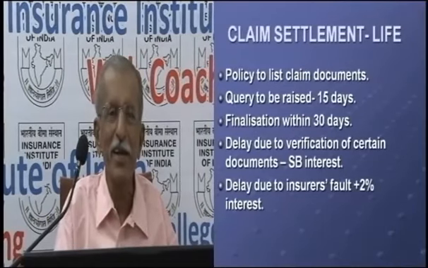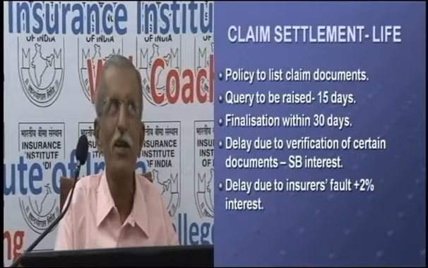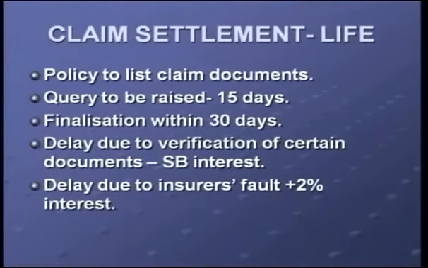Now claim settlement. In life, as we saw, the policy lists the documents required, and after submission of documents, if the insurance company has any query, they should raise it within 15 days. And after the client has replied, within 30 days the claim should be finalized. There may be some delay due to verification of some documents like age record, age proof at the time of taking the policy or during the currency of the policy.